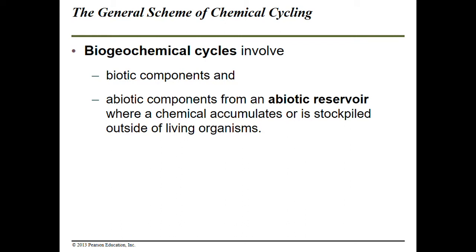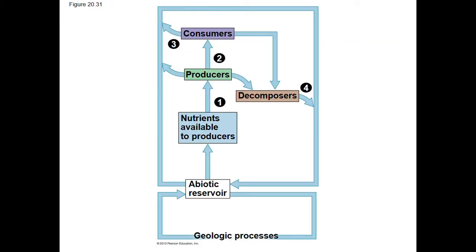And these form abiotic reservoirs, which is where chemicals accumulate or are stockpiled outside of living organisms. So that happens in our soil. So geological processes, abiotic reservoirs are in our soil.